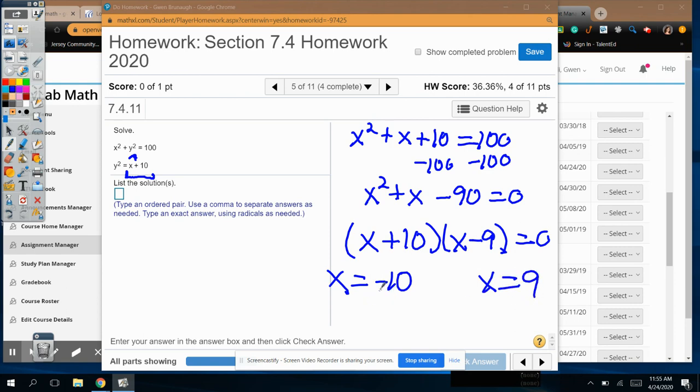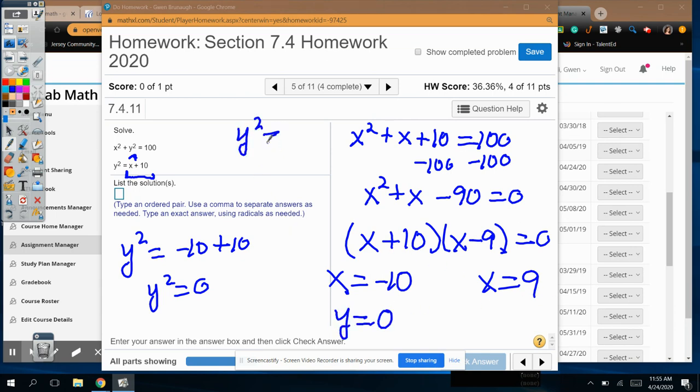Now, if x is negative 10, and I plug it in here, y squared is negative 10 plus 10. So y squared is 0. So y would be plus or minus 0, which is just 0. Okay, now if x is 9 and I get y squared equals 9 plus 10, y squared is 19, and I'm going to get two answers here.